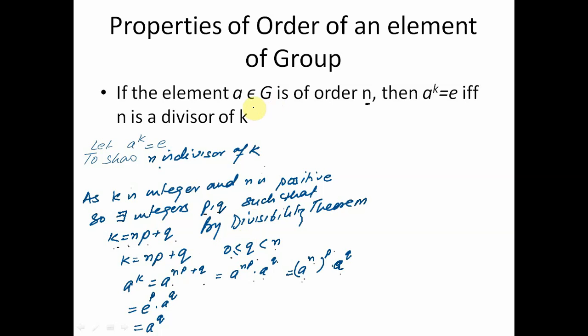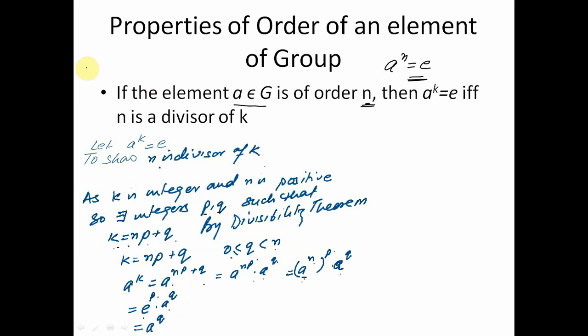We know that the order of the element a is n. That means a to the power n is equal to e. That is already known to us. So I have e to the power p, a to the power q.